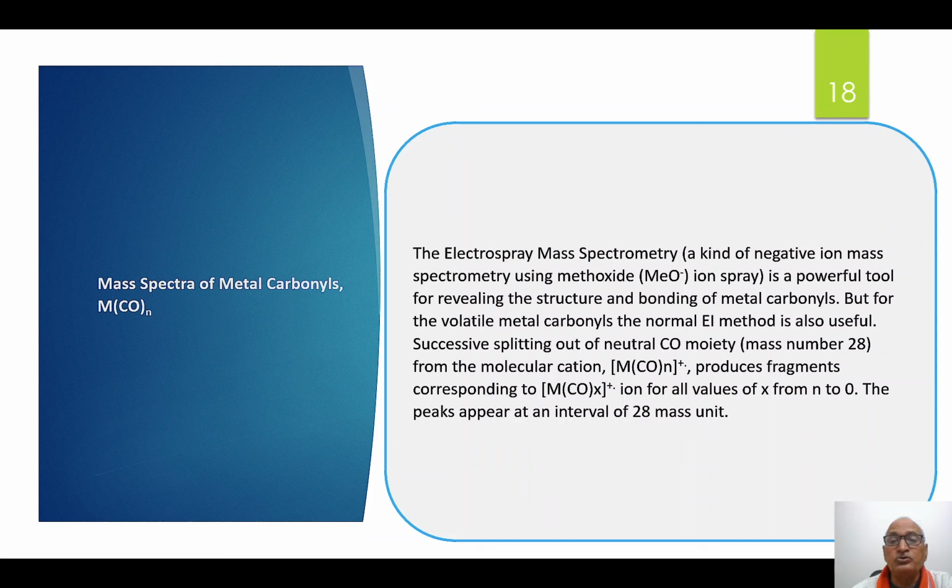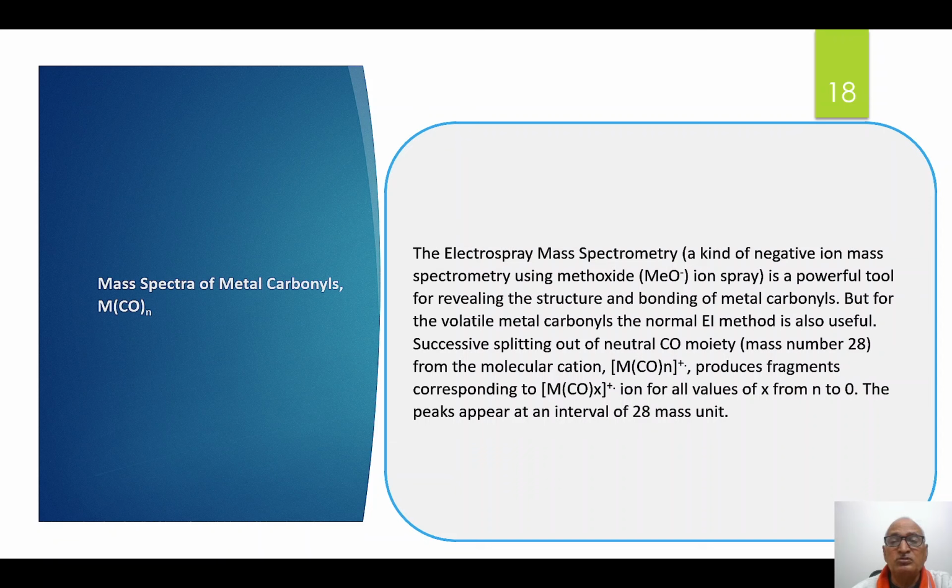It is a powerful tool for revealing the structure and bonding of metal carbonyls. But for the volatile metal carbonyls, the normal EI method is also useful. Successive splitting out of neutral CO moiety, mass number 28, from the molecular cation produces fragment ions, and we can determine how many CO ligands are there in the complex compound.